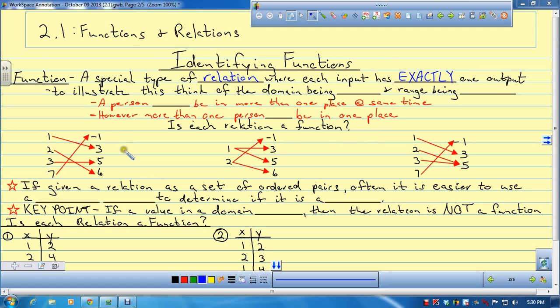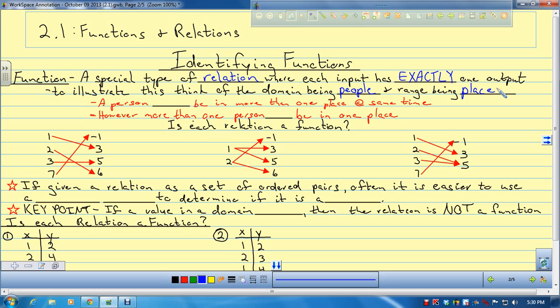Alright, to illustrate this, I want you to think about the domain being people and the range being a place. Actually, I saw a good example of this in our lesson today that I had not used before.